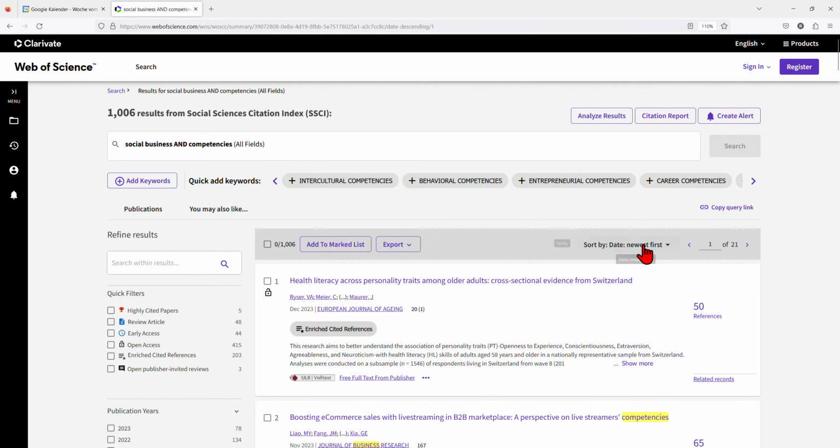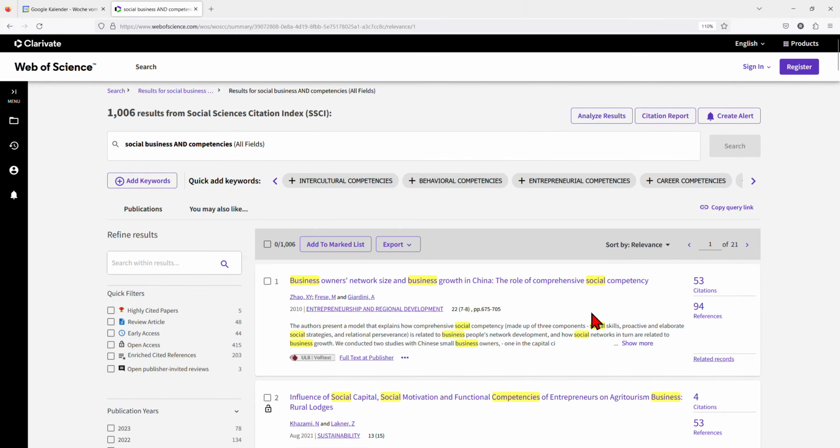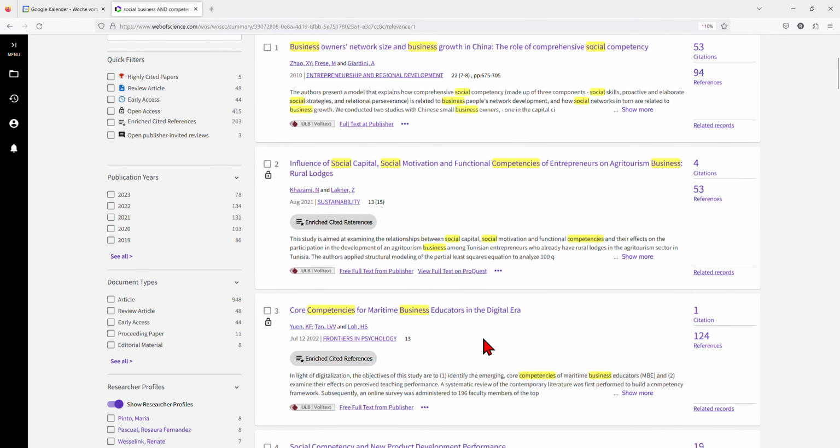But we also see here, if we sort it by relevance, that there are probably quite a few that are not so relevant for us, so that we have to define it further and come up with a more fine-grained analysis here.